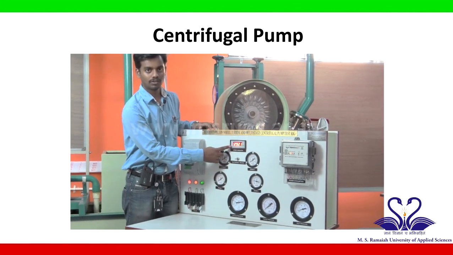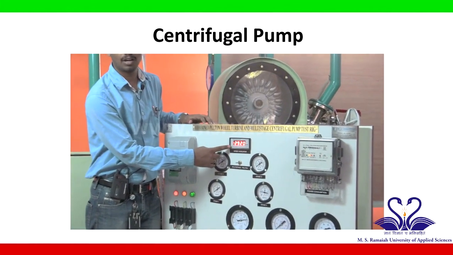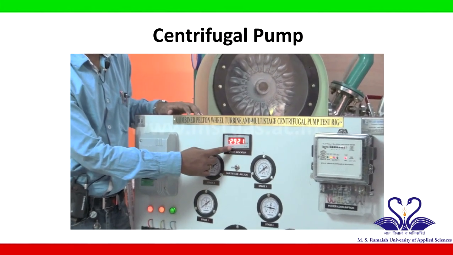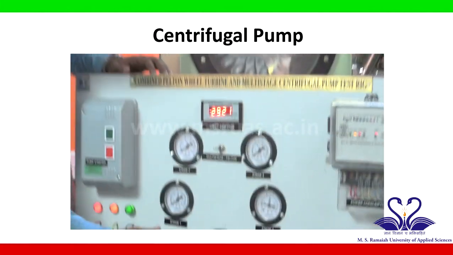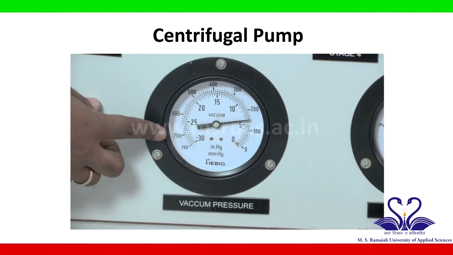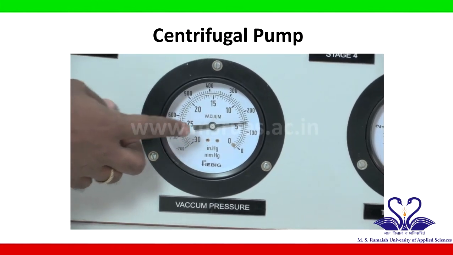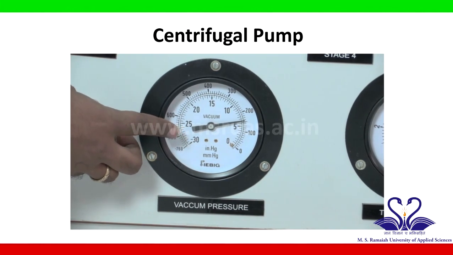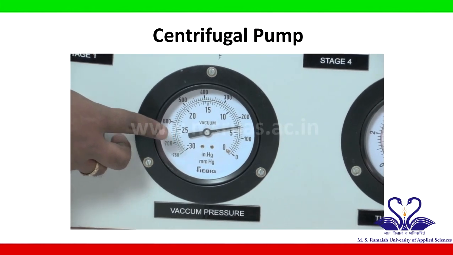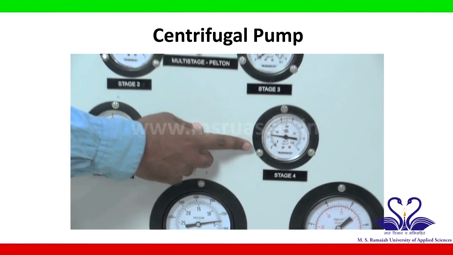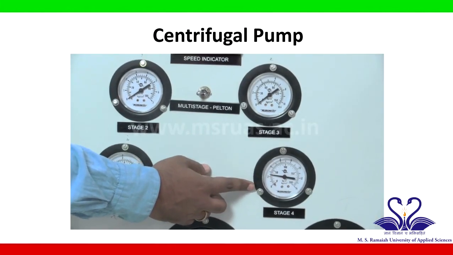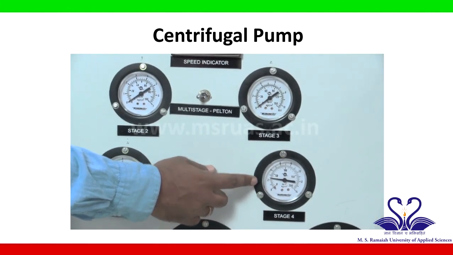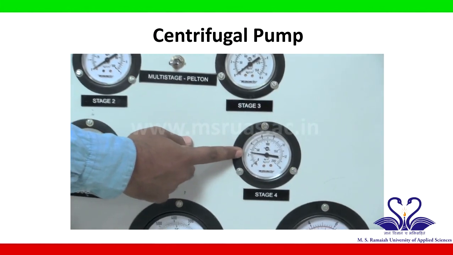We can note down the speed of the centrifugal pump as 2900. We can note that the suction pressure is around 160 millimeters of mercury. The delivery pressure, or the stage 4 pressure, is indicated over here.